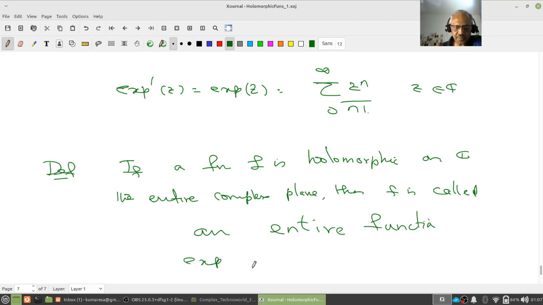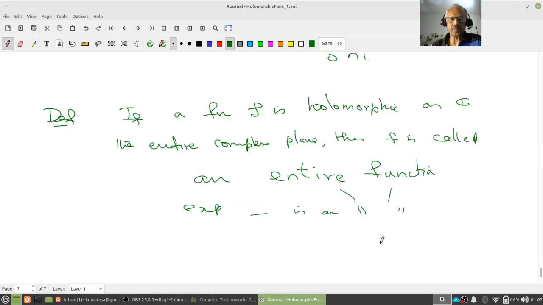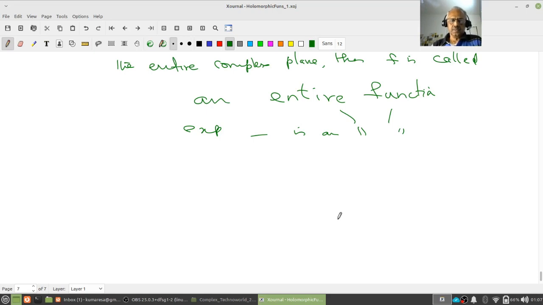Therefore, exponential is an entire function. Right? And polynomial is an entire function.